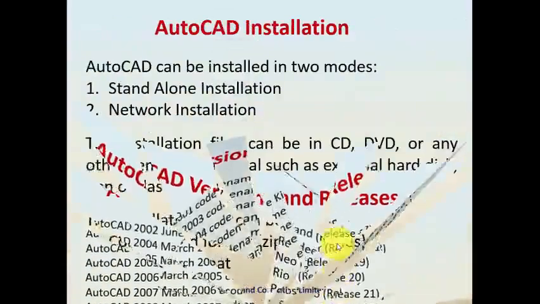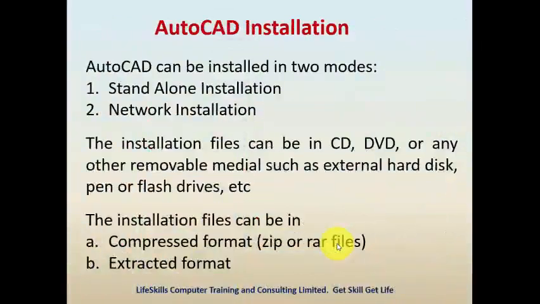Now let's look at the installation. The AutoCAD installation can be in 2 modes. It can be standalone or network. If it is standalone, that means it can only be installed on a single computer. But for network installation, you install it on a server, and every other client computer connected to the server will access it.